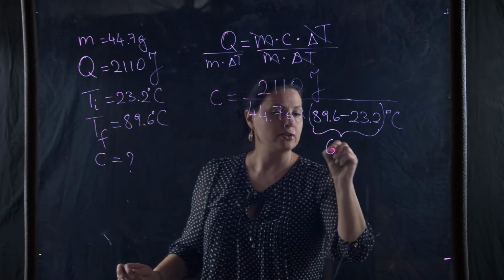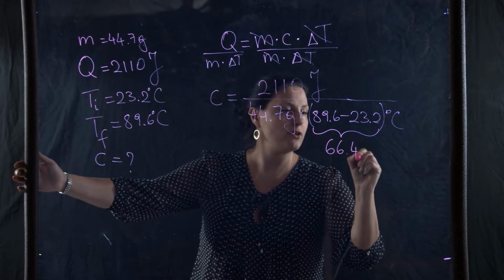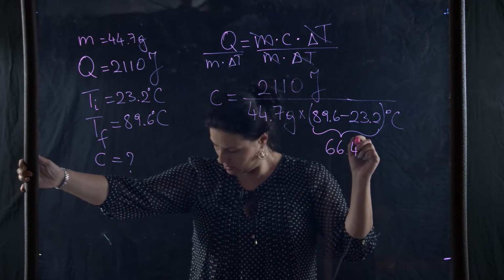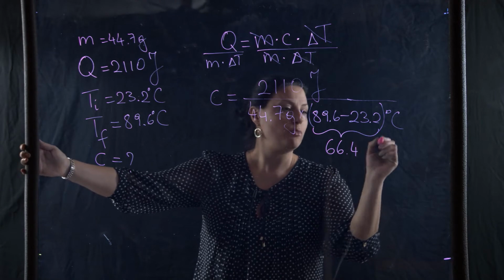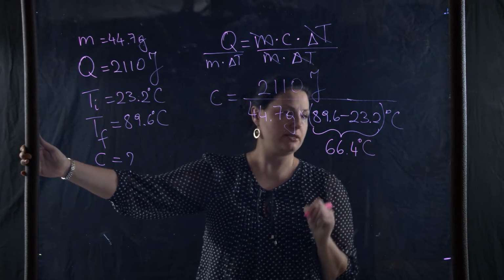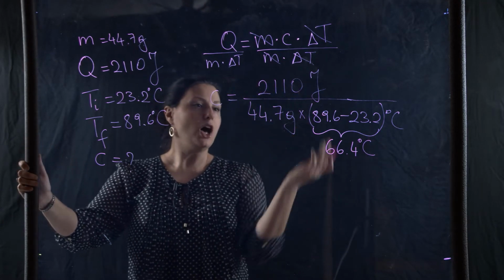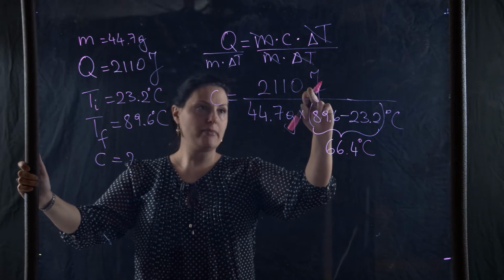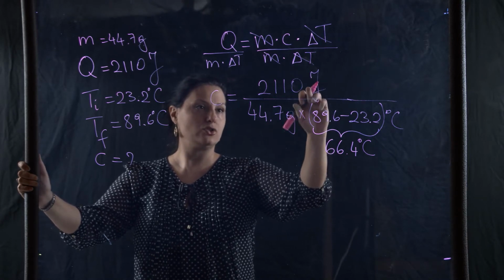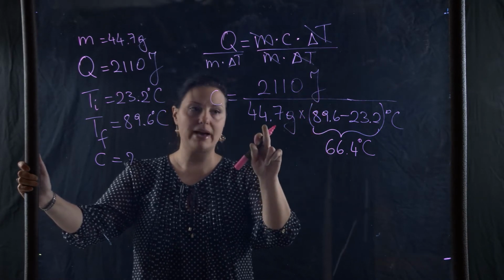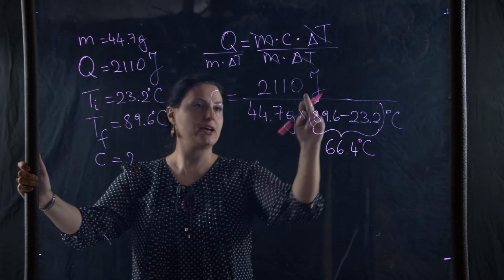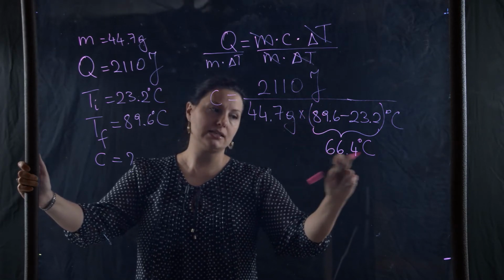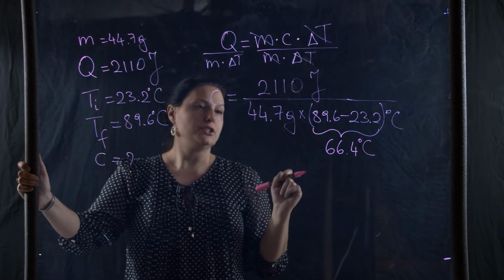I got blacked out here for a second. 66.4 degrees Celsius. Okay? So all I have to do is take the amount of heat, so 2,110 joules divided by the mass, 44.7 grams, divided by 66.4 degrees.